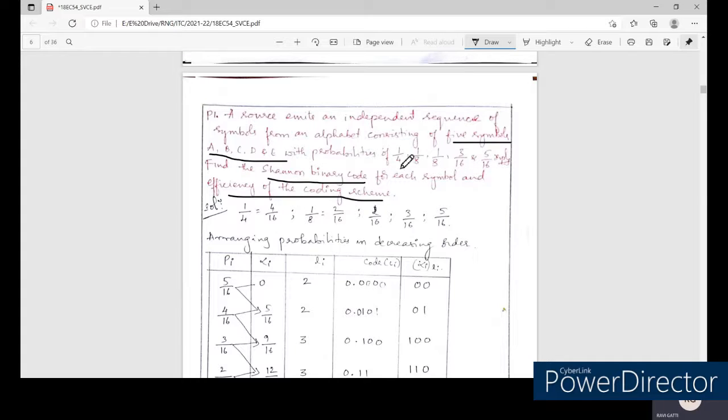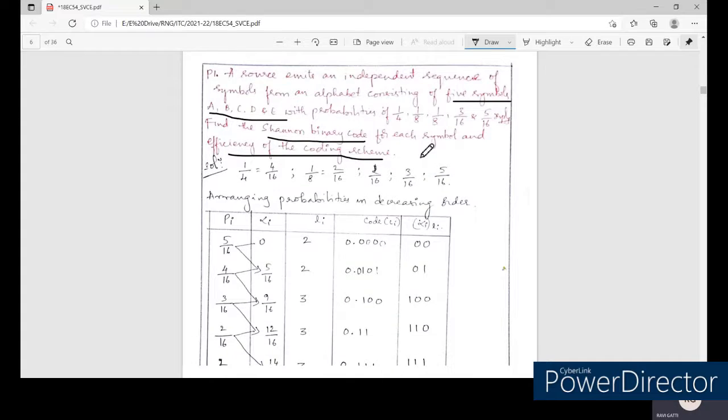If you make all the denominators a common value, then depending upon the numerator you can identify which one has the greater probability. Here 5 by 16 is the largest value. So I suggest you convert all the denominators, that is 4, 8, 8, into 16, so that it will be easy for you to differentiate the probability values.